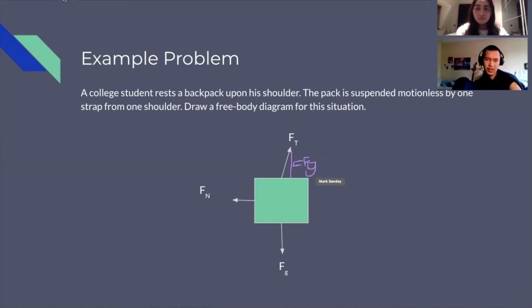That way it's not moving up or down. And in the same way, the normal force, which you can visualize as your back touching the backpack and pushing it off, has to be equal to the horizontal component. Yeah, the horizontal component has to be Fn with a negative sign, so that when you add them, you get 0.